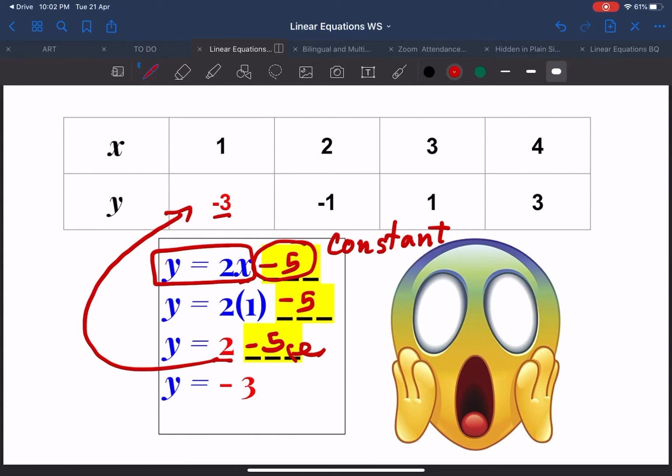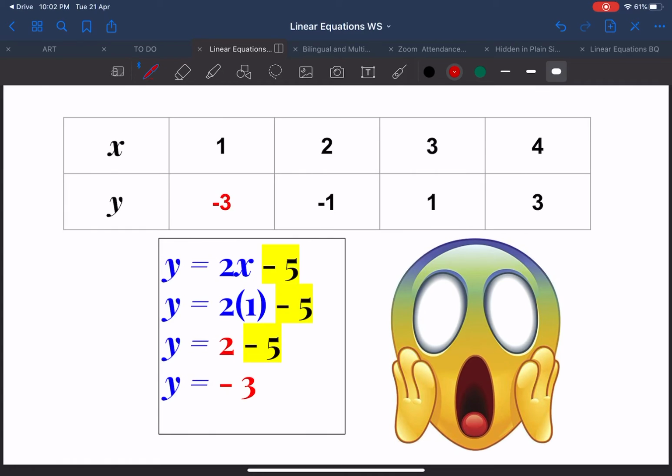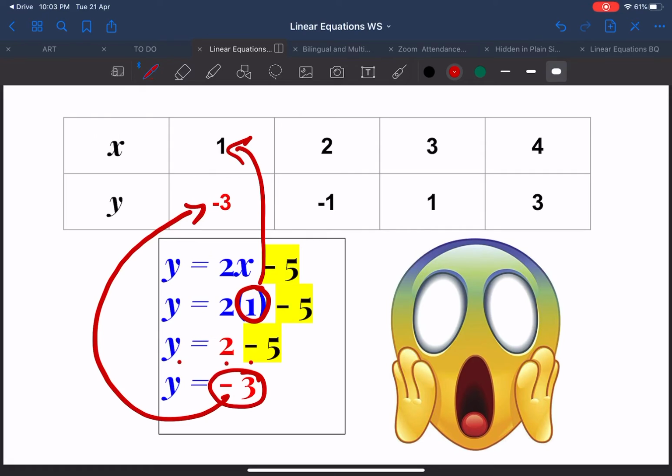So let's see. Y equals 2x minus 5. Y equals 2 times 1 minus 5. Y equals 2 minus 5. Y equals -3. So you can see here, x equals 1 and y equals -3.